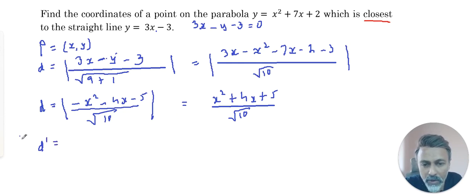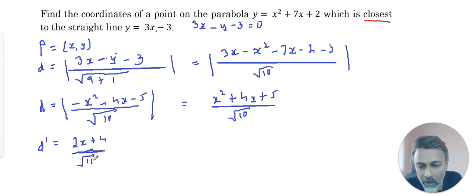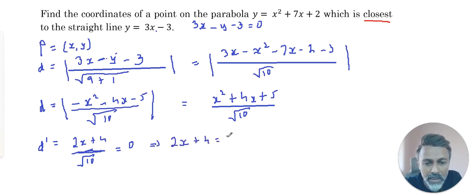d dash is equal to 2x plus 4 (x square's derivative is 2x, plus 4, and 5's derivative is 0) upon root 10, and we equate the derivative to 0. Root 10 cross multiplies, so we get 2x plus 4 is equal to 0. This gives us x is equal to minus 2.